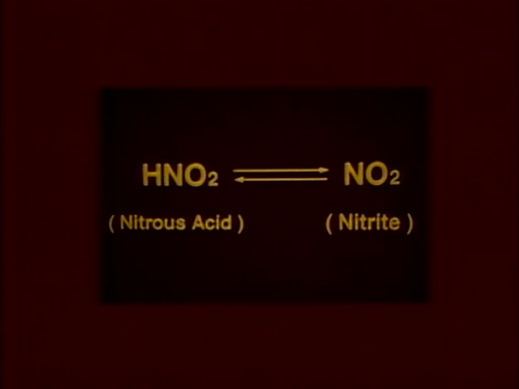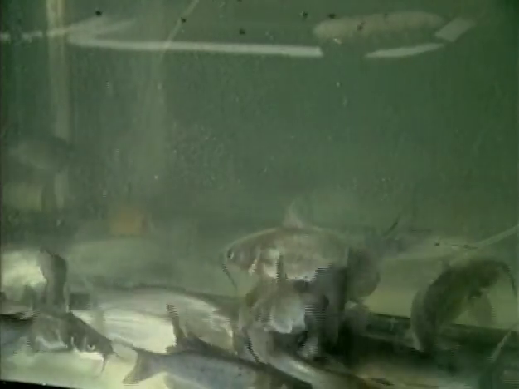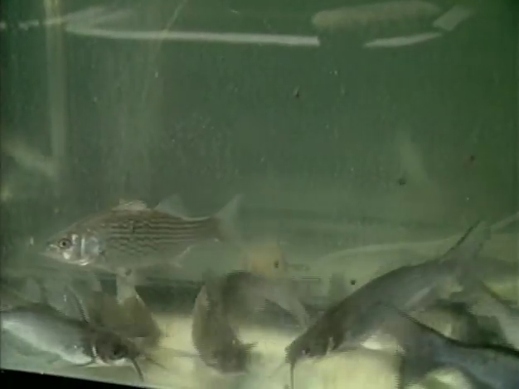Toxicity of nitrite increases as pH decreases due to the formation of nitrous acid. In the presence of decreased pH, the reaction shifts to the left and more nitrous acid is formed. Fish are highly susceptible to nitrite. Lethal values are extremely variable and are influenced primarily by the chloride concentration of the pond.